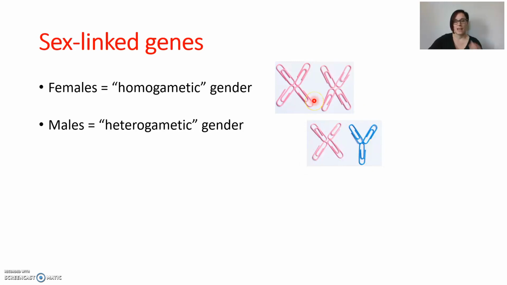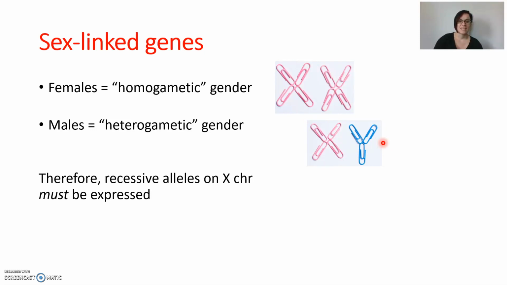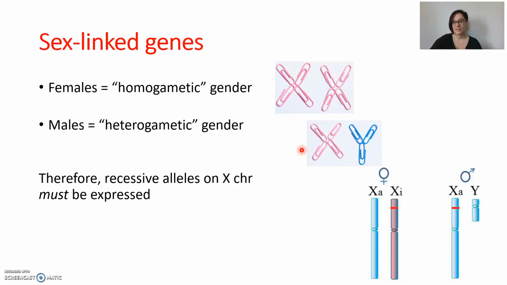And what happens then is that if there is a defective gene on an X, for example, in a female, the other one can say, right, that's fine, I'll take over. If there's a problem and there's a defective gene on the X in males, unfortunately, there's nothing else there as a backup to use. So the recessive alleles on an X chromosome must be expressed in the males. There's no way it can push that one under the rug and use the other one because it just doesn't exist.